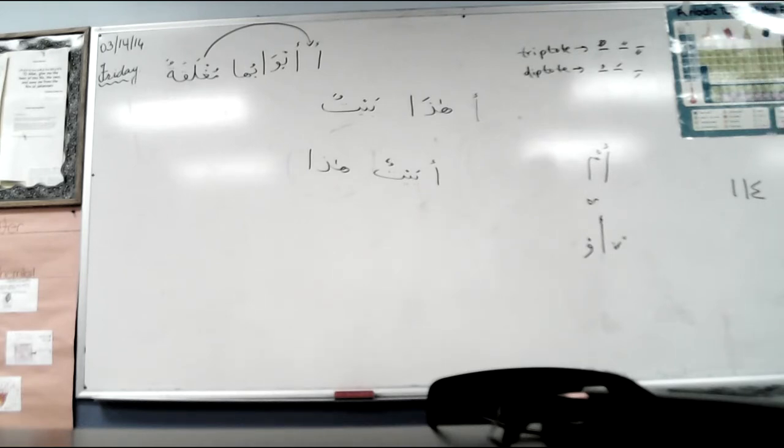So you can look on the vocab. Does everybody have that? Okay, so blue is azraqu, green is akhdaru, black is aswadu, yellow asfaru, white abyadu. Okay, so those are all the colors on the pattern of af'alu. So these are also mamnu' min as-sarf.